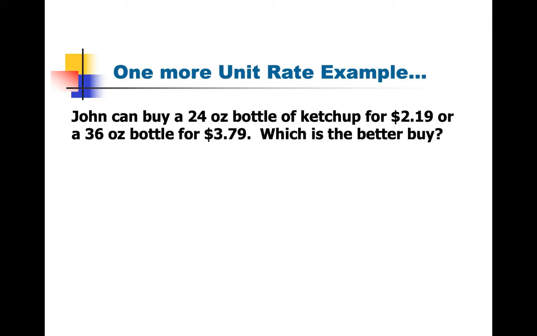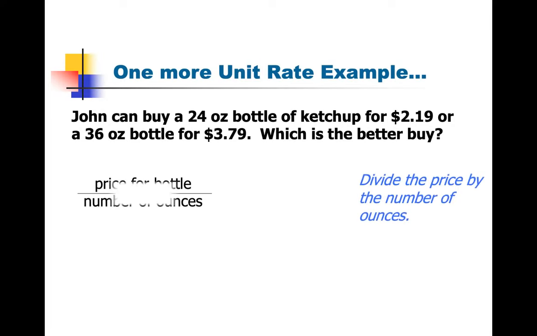Try this one on your own. John can buy a 24-ounce bottle of ketchup for $2.19 or a 36-ounce bottle for $3.79. Which one's the better buy? So you can pause this and solve it. Price for each bottle over the number of ounces.